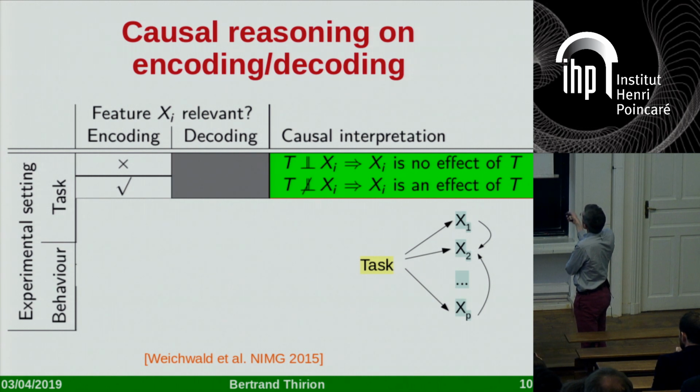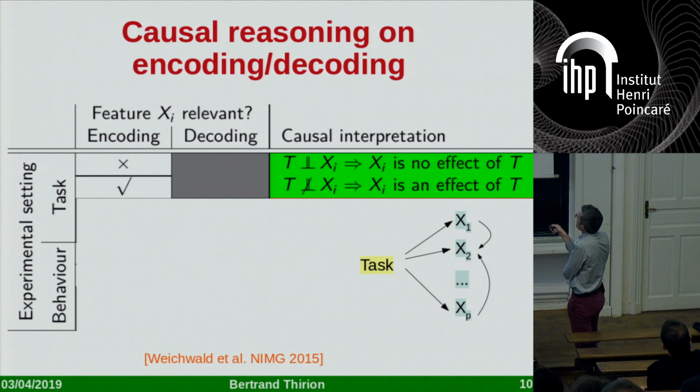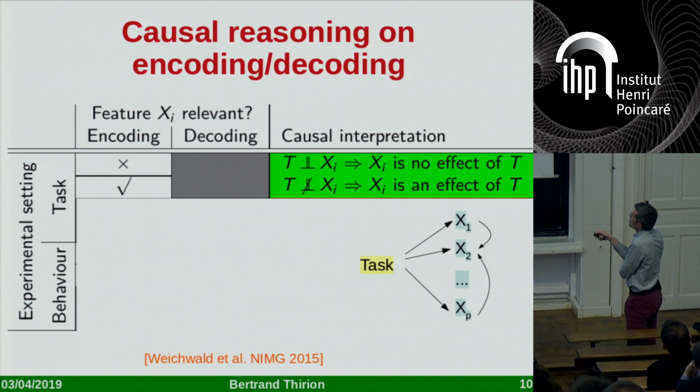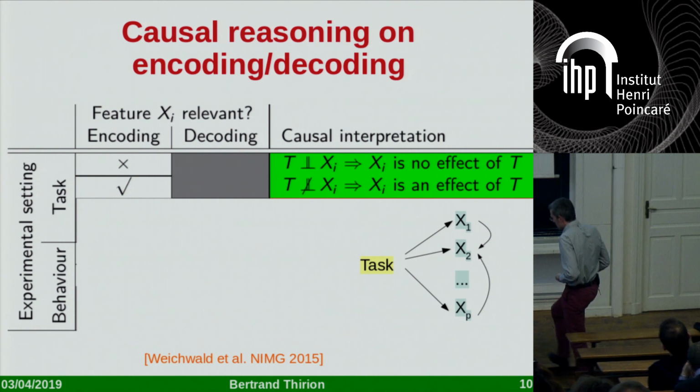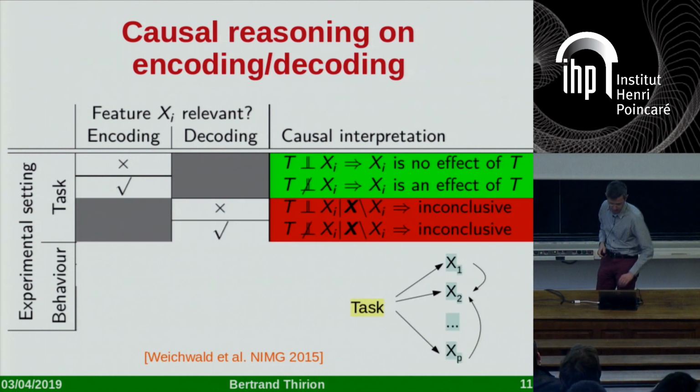You just study the marginal association between the task and each xi, and there is no association. Then you can simply say that the activity in xi is not an effect of the task. Oh, sorry, there's an error here in the two rows. If it's associated, then you can say that the activity in voxel xi is actually an effect of the task.